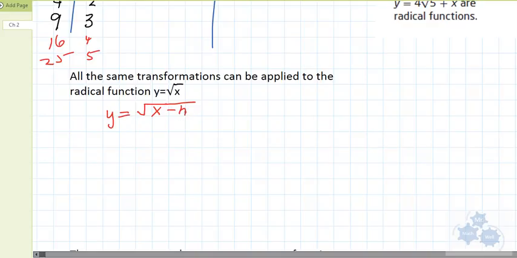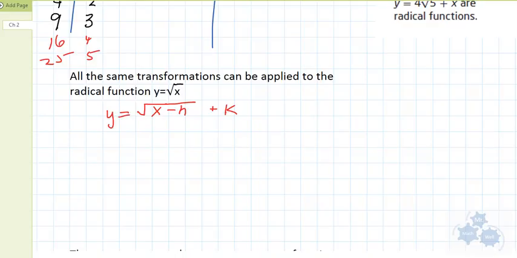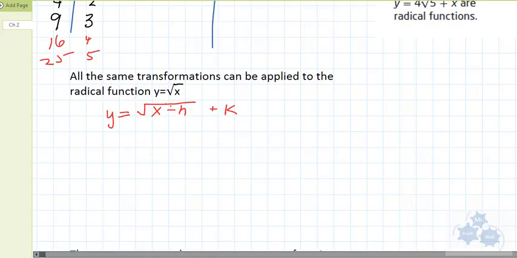Now remember that this h has to be underneath the radical sign with the x, okay? If it's not underneath the radical sign, then it's really the k, because that's the k over here, okay? So y equals square root of x minus h plus k. So that's the big thing, transformation. This is a left-right transformation. This is an up-down transformation, or a translation. Got it?